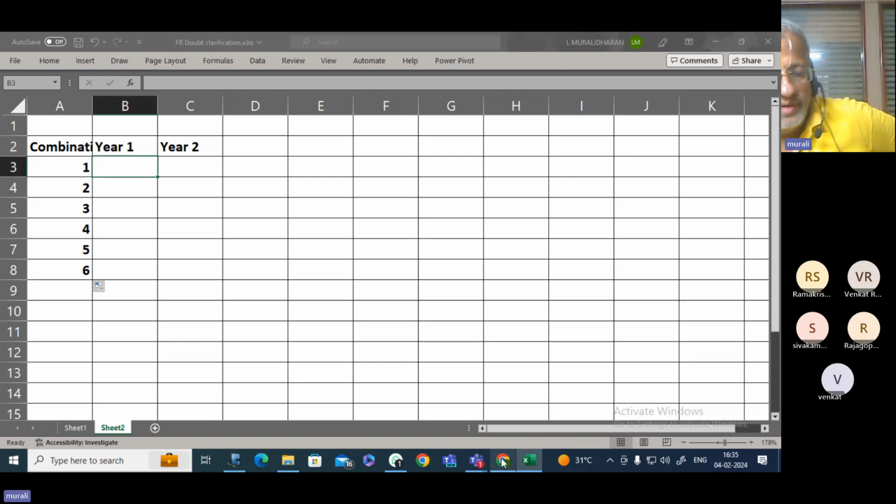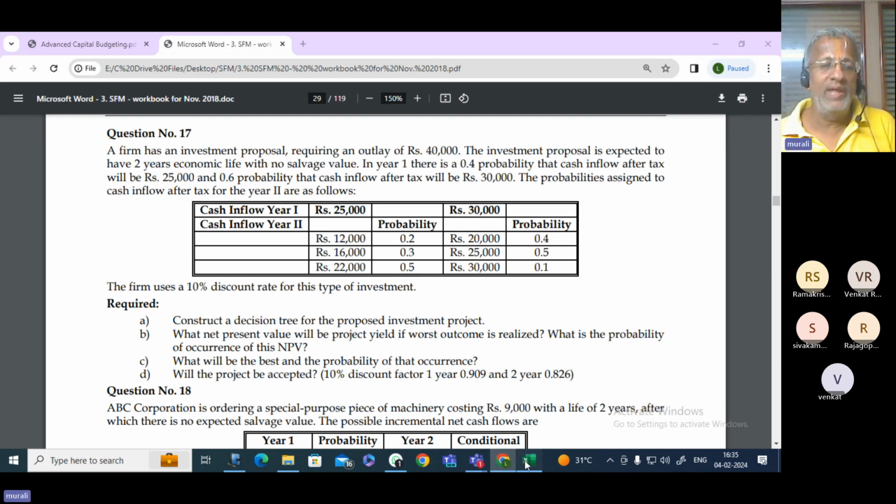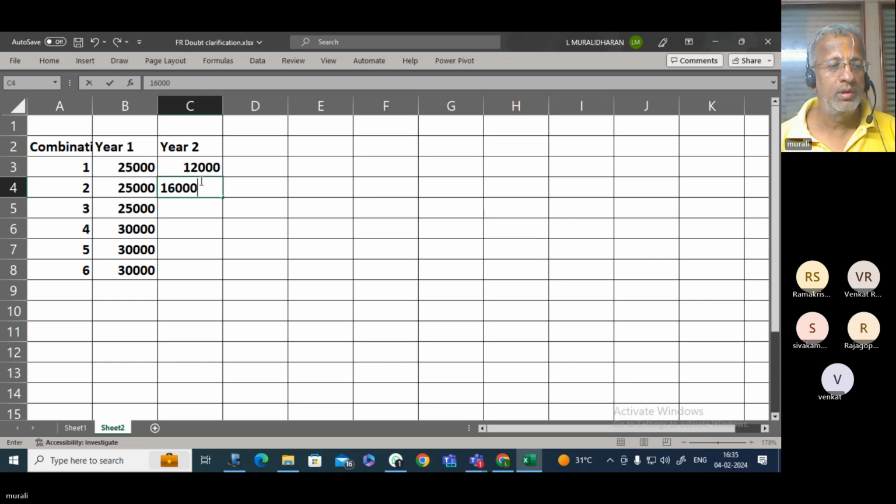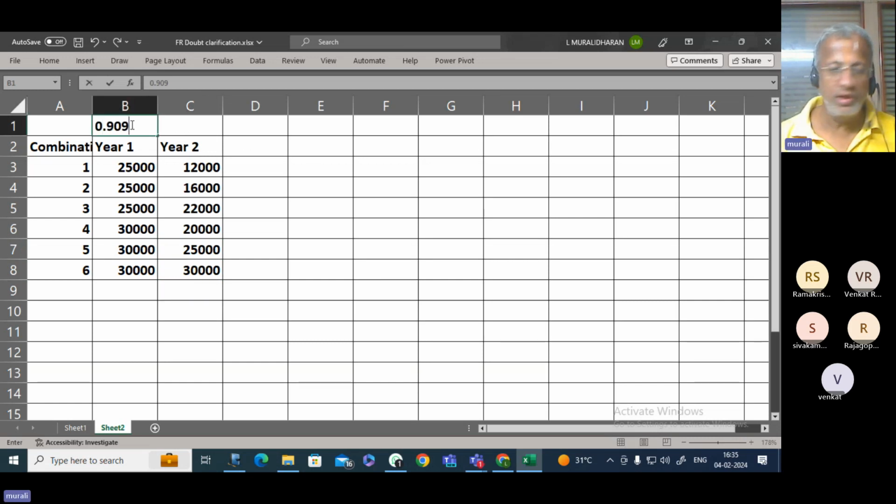What are the numbers that you are having? 25,000 and 30,000. Year number 2, correct. So here I will be noting down 0.9091, 0.8264.